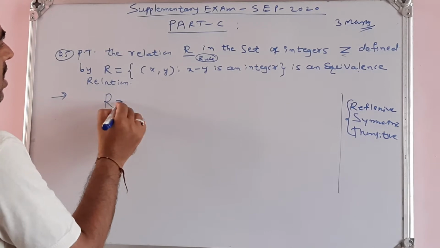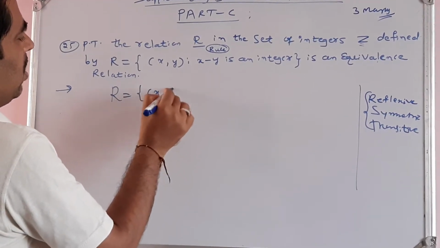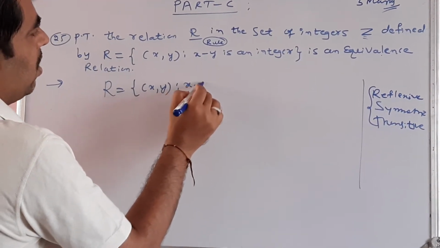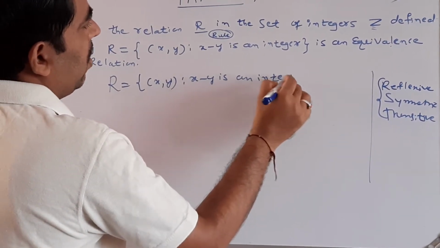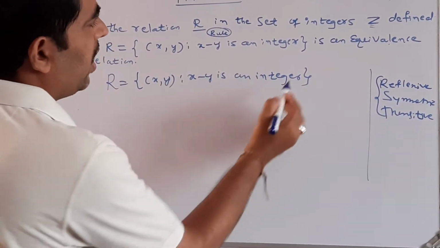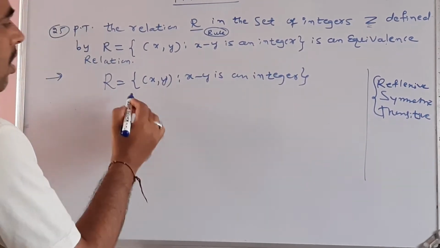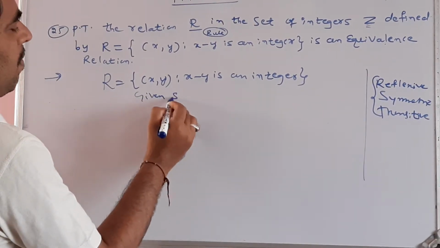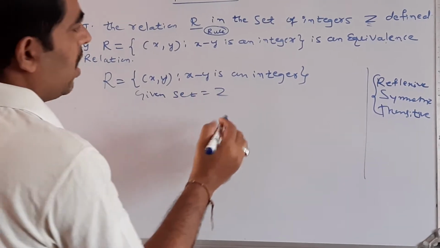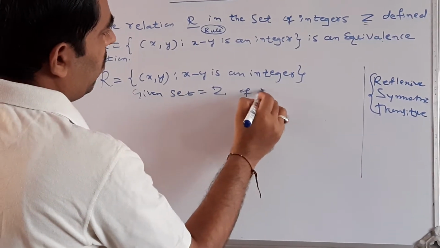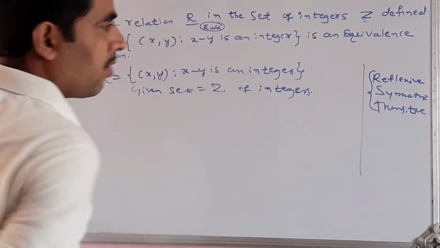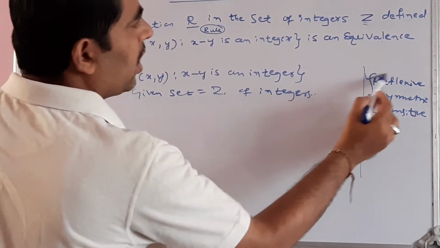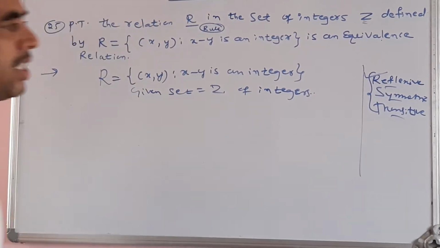So the given relation is R equal to x comma y such that x minus y is an integer, and the given set is Z, the set of integers. First we have to show that it is reflexive, symmetric, and transitive.